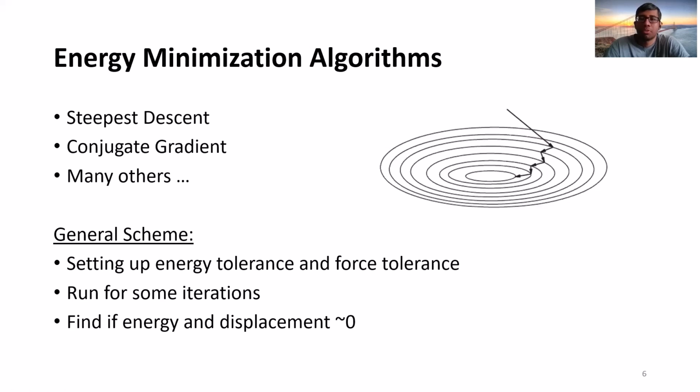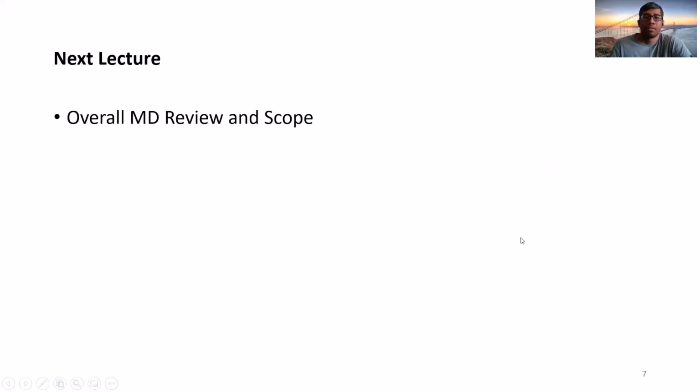It will run for some iterations and try to validate this set of conditions to get to the initial energetically viable condition. And that's how you run an energy minimization of an MD simulation.